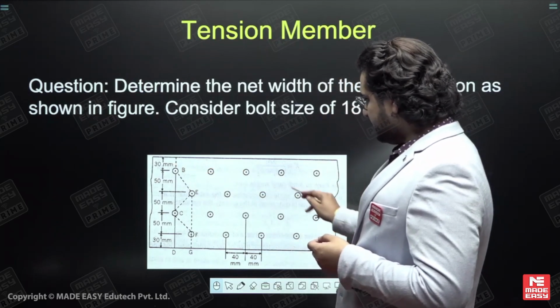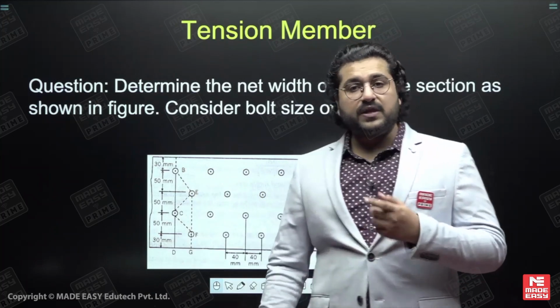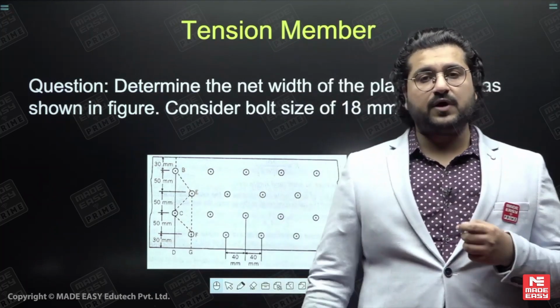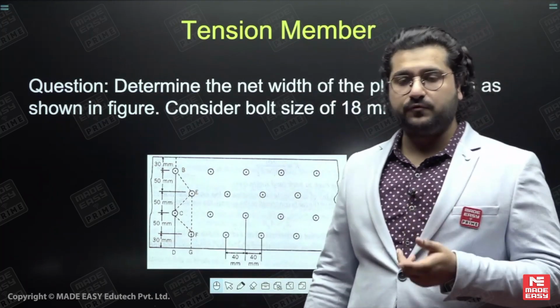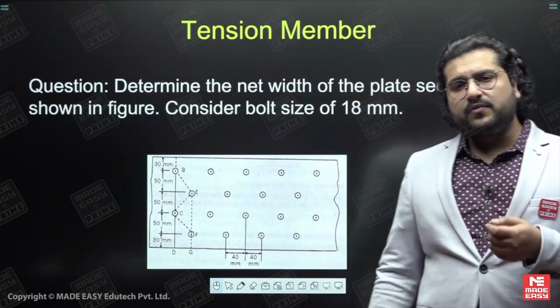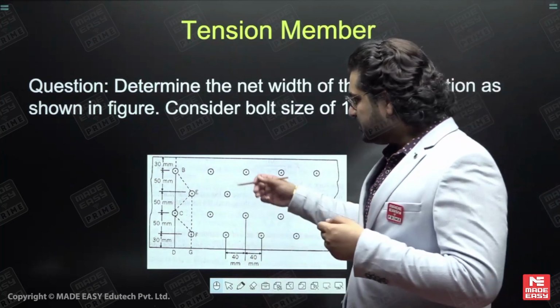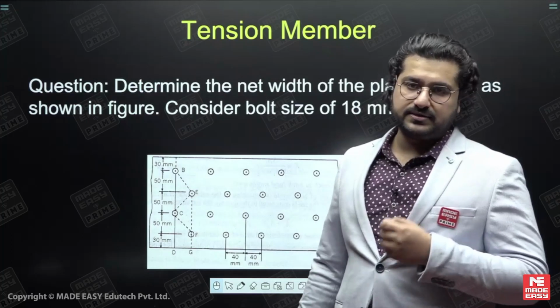So this is basically a zigzag pattern, and whenever we have a zigzag pattern, you have to apply the Codal formula of p square by 4g, considering a variety of cases through which this plate section can fail under the tensile loading.